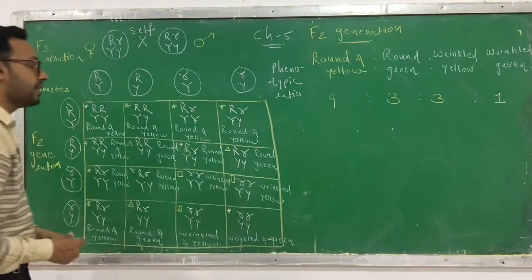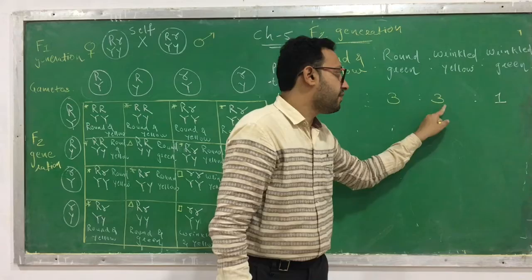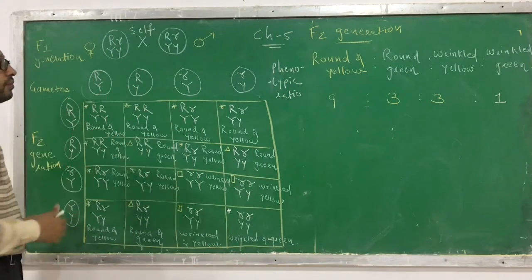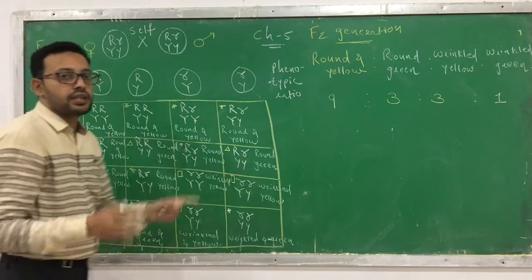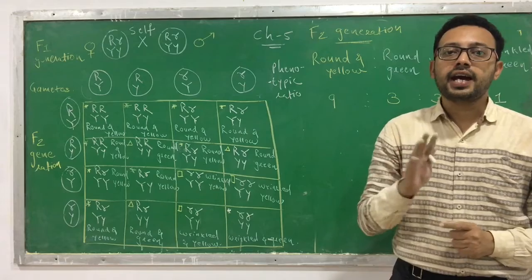If you make the total, 9 plus 3 is 12, 12 plus 3 is 15, 15 plus 1 is 16, so total 16 possibilities we have obtained. This is called the dihybrid experiment.